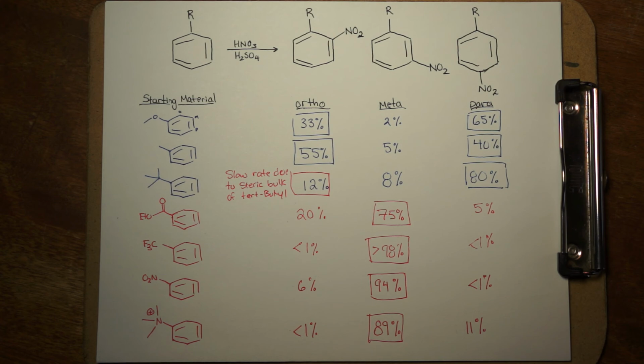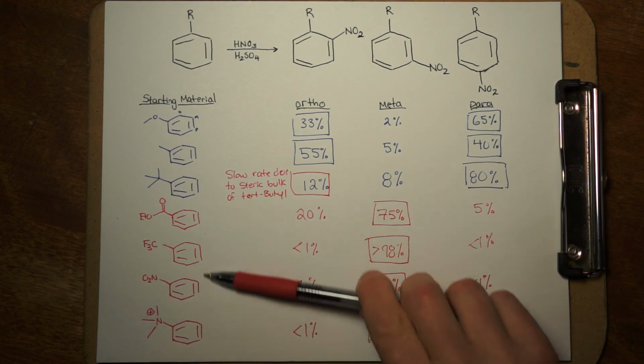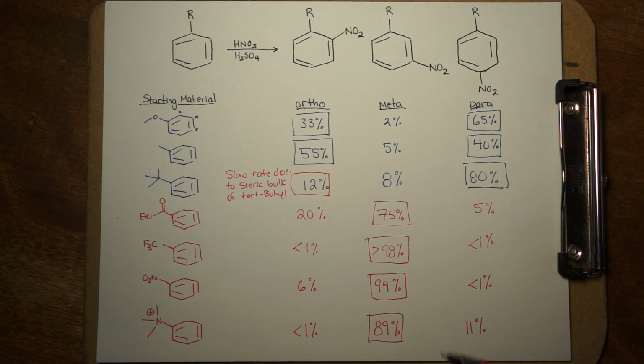What I want you to know the most is that electron-rich arenes, benzene rings with electron-donating groups, are activated, meaning the rate is faster when they undergo electrophilic aromatic substitution, and they are ortho-para directors, meaning that substitution will occur primarily, not only, but primarily in the ortho and para positions. Electron-withdrawing groups, or electron-poor arenes, will undergo substitution primarily in the meta position, but those substitutions will happen slowly, with reaction rates relatively low compared to benzene and compared to the electron-rich arenes.